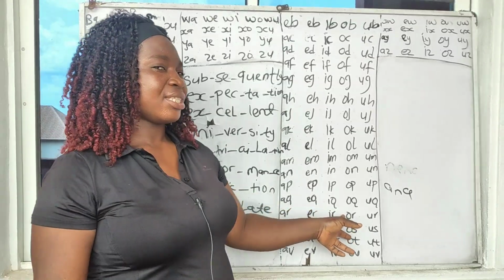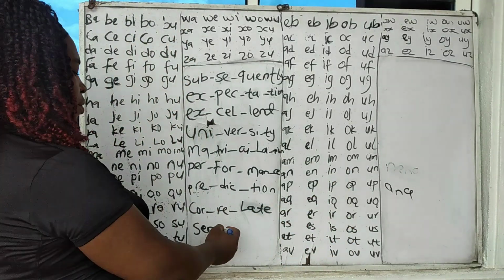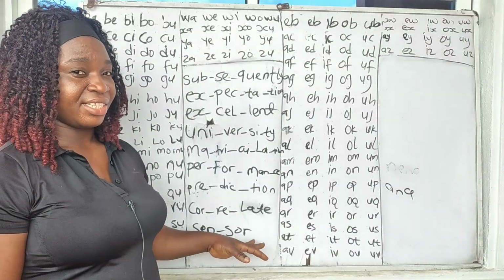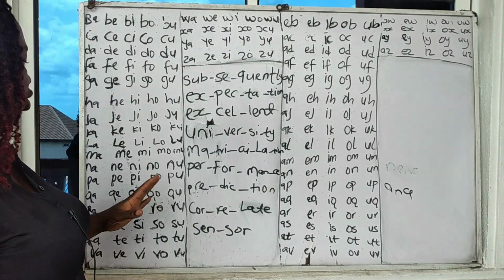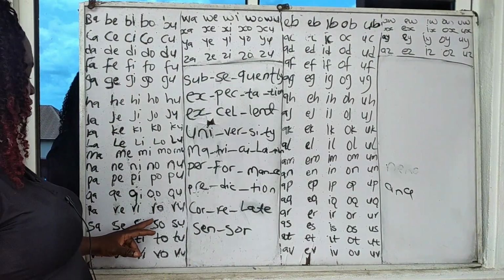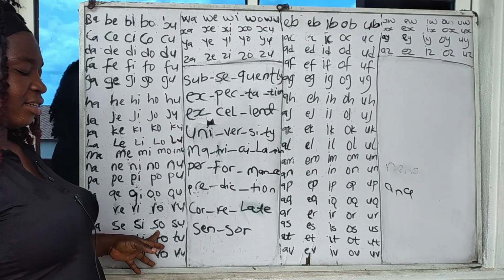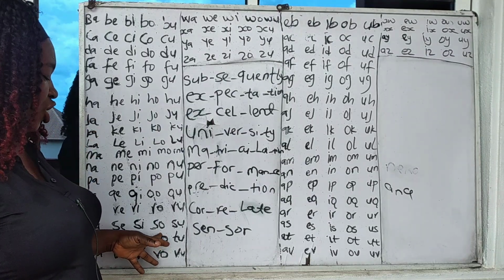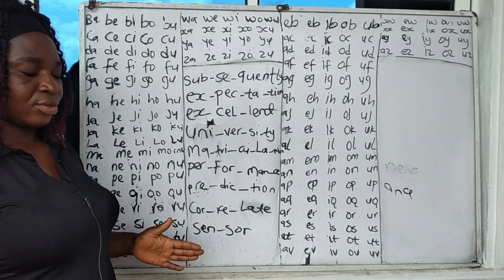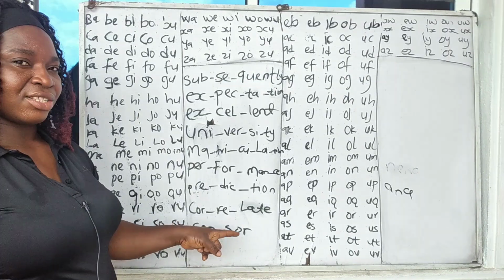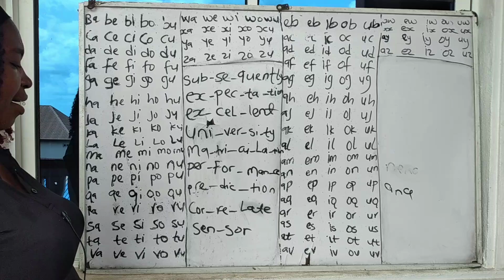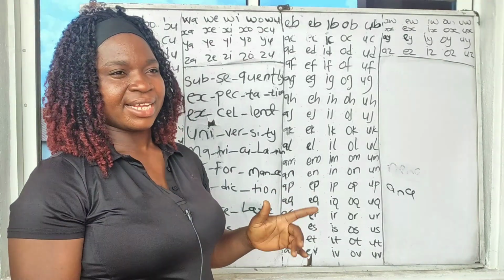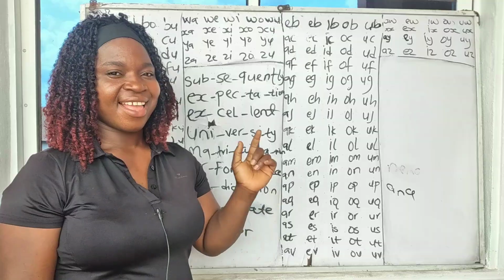Okay, so sensor. All right, we have so. I don't know if you understand this very well. If I choose to use the so, I have sa, se, si, so. If I add r, you can see from the pronunciation that it's a little bit lengthier in pronunciation. It's not just so, it is sor. Sensor. Okay, so we have sensor put together. All right, let's try another word. Extent.